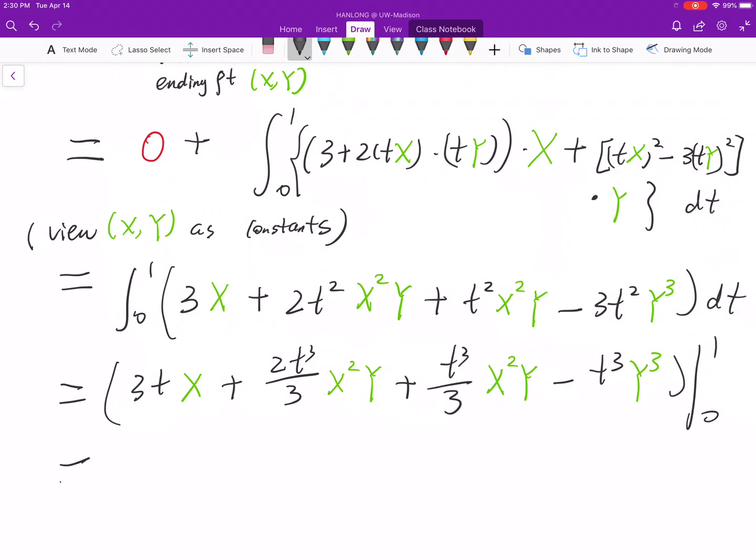And when you plug in 0, you have nothing. When you plug in 1, you have 3x plus x squared y minus y cubed.